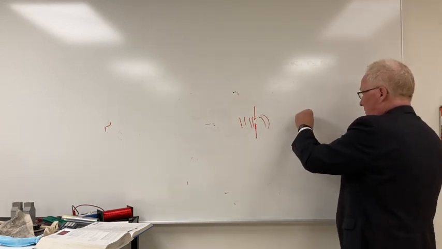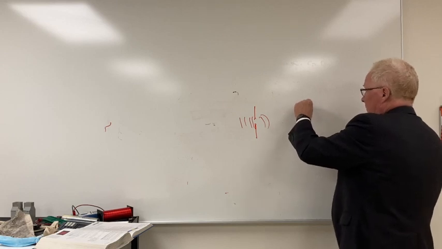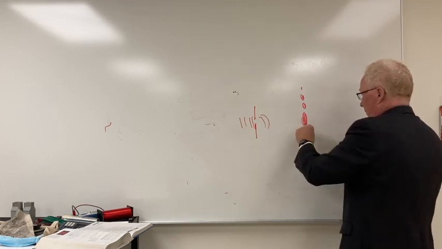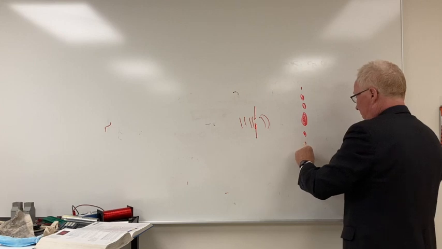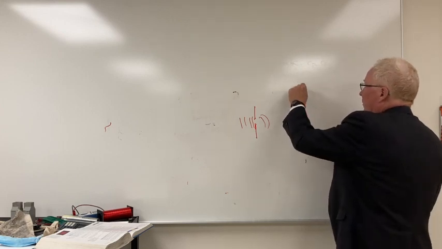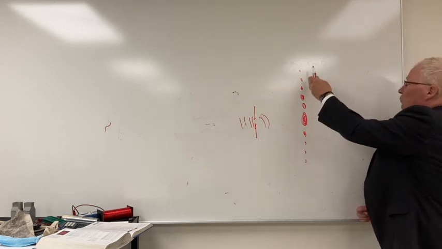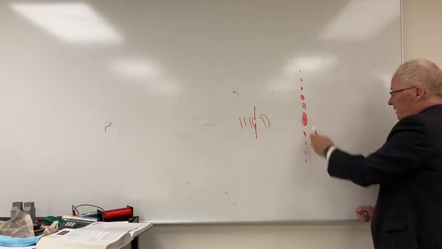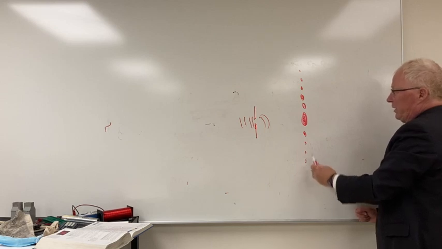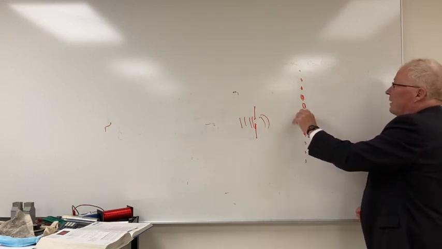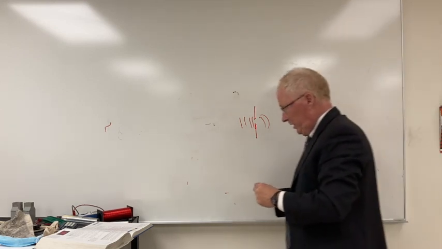It produces a central bright spot, a darker spot, bright, but then it gets dimmer and dimmer on each side as we go farther away. So unlike interference, where all of them are relatively about the same brightness, the central one is bright and then it gets dimmer and dimmer after that.